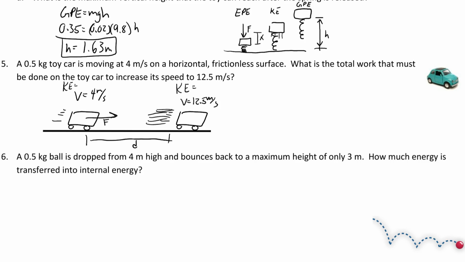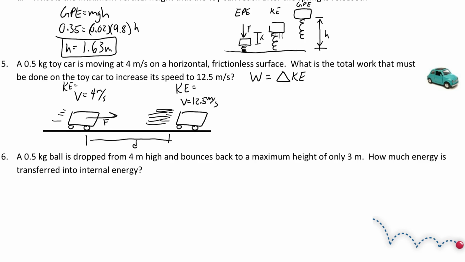Now, the work kinetic energy theorem, we're shifting gears now. We're going back to this. The work kinetic energy theorem states that the total work that you do is equal to the change in the kinetic energy. So this kinetic energy increases. It's definitely getting faster. Started at 4, now it has more kinetic energy.